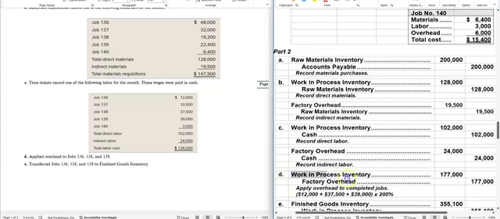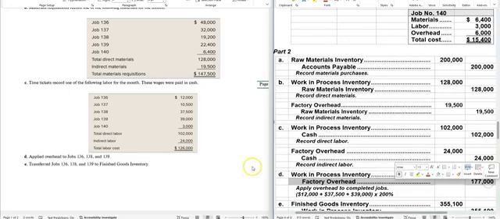So I'm going to debit work in process for the applied overhead, and I credit the factory overhead for my estimate. Factory overhead is debited for actual indirect. It is credited for the estimate of overhead.